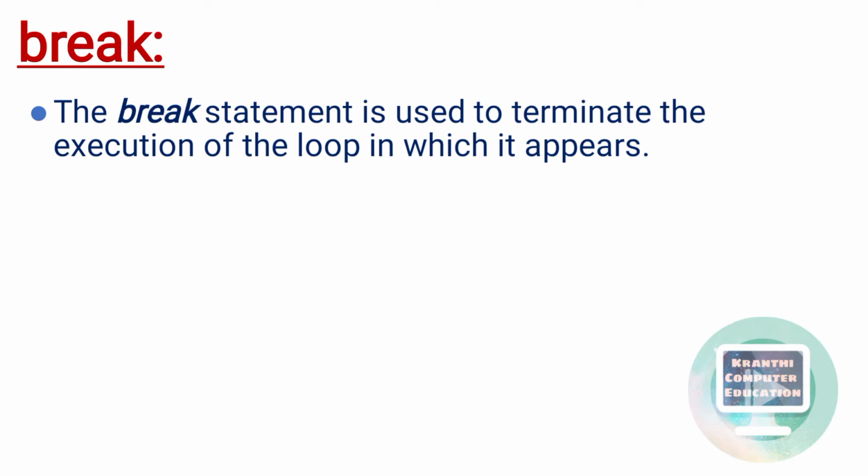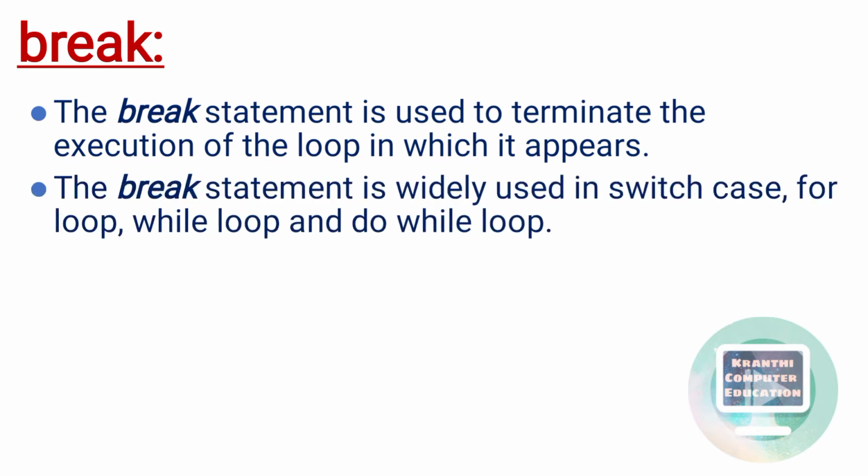Wherever the break statement is encountered, from that statement the loop will skip its execution. The break statement is widely used in switch case, for loop, while loop and do while loop. We can write the break statement in switch case, for loop, while loop and do while loop.